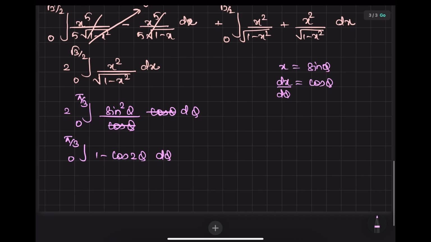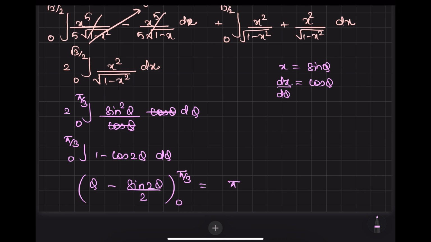Now look at this. Integration of 1 is theta. Then integration of cos 2 theta is sine 2 theta by 2. And we have to apply the limit 0 to pi by 3. So put the upper limit.